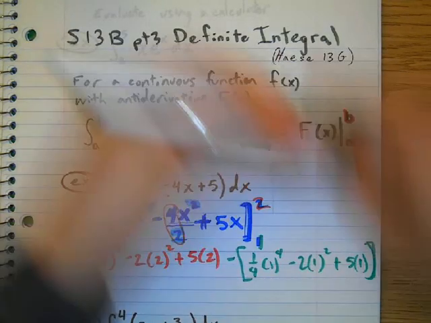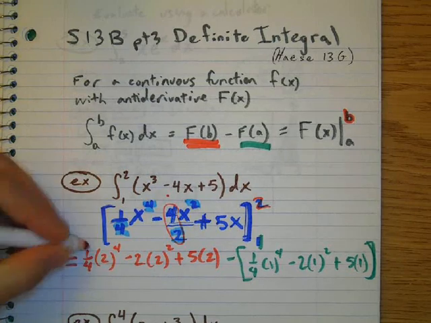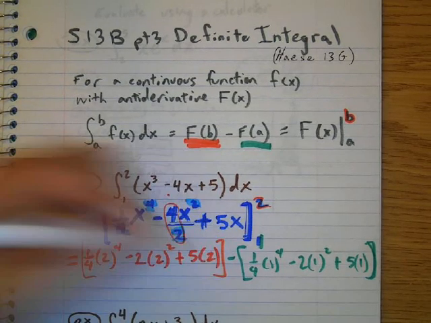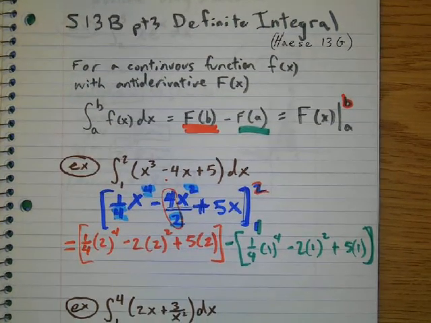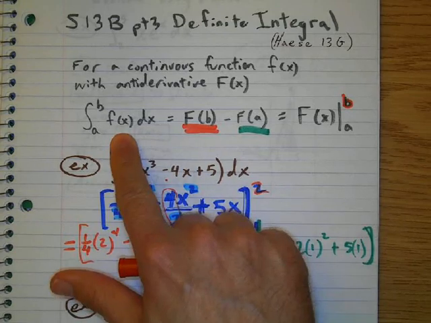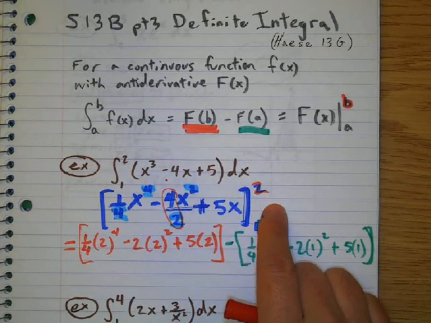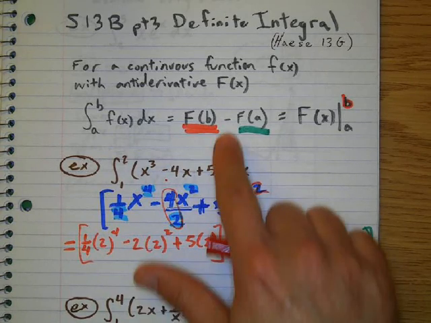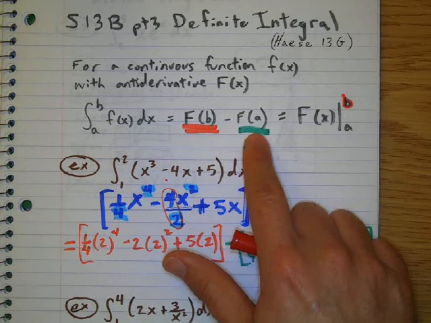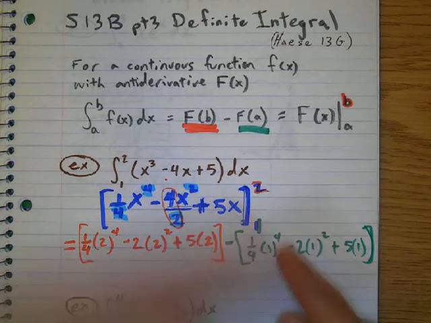Let's just stop for a second and see what we just did. We found the antiderivative of the function, and we're plugging in b, which in this example is 2, and then we're subtracting the antiderivative with 1 plugged in, which is our a value.